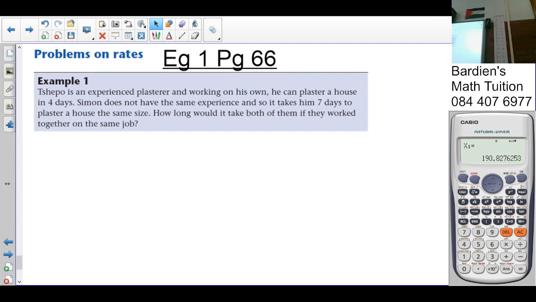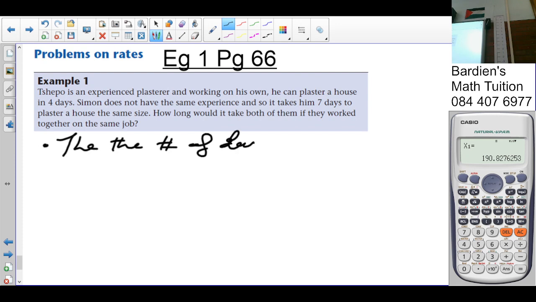So what we need to note here is we can let the variable be the number of days when working together.